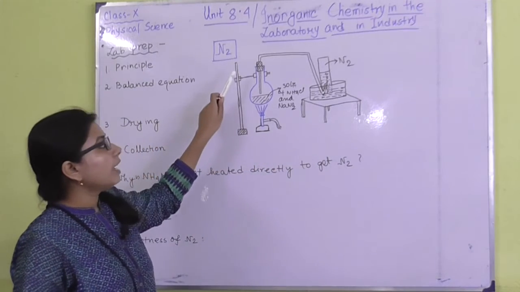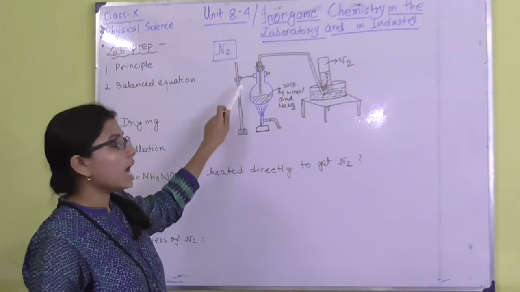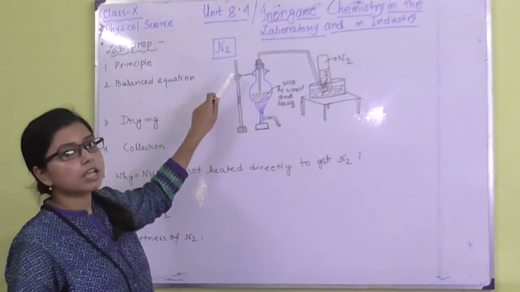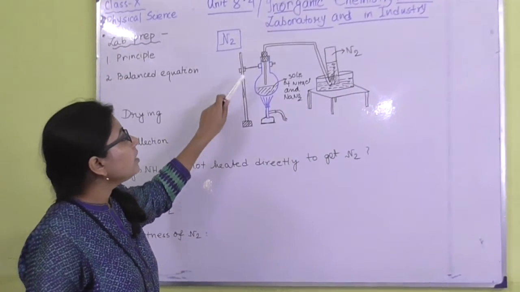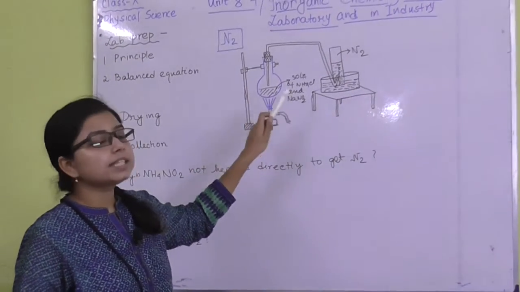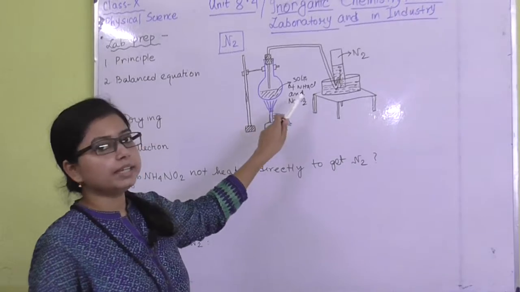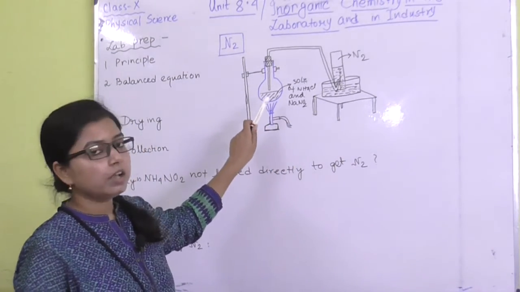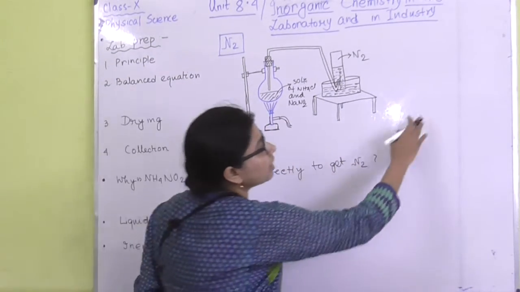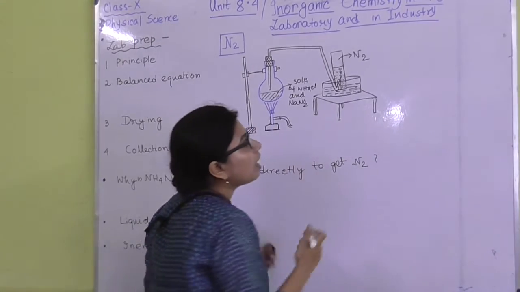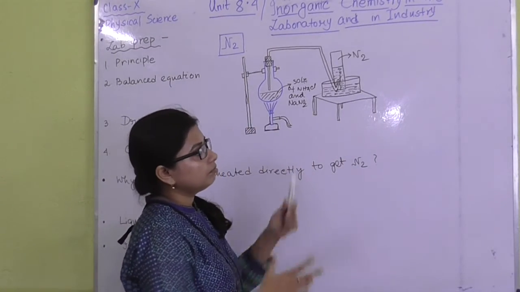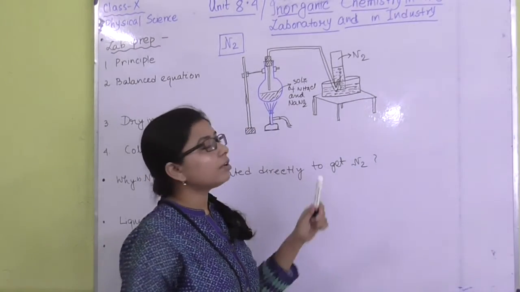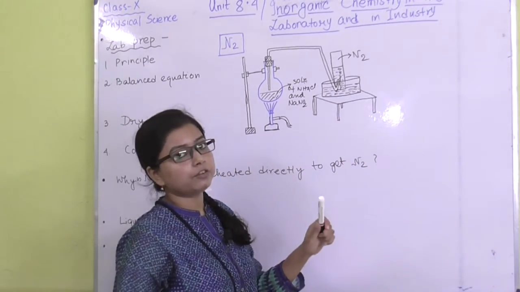Here we have taken a round bottom glass flask, and there the solution of NH4Cl and NaNO2, that is ammonium chloride and sodium nitrite, is present. I want to mention here that we use three types of functional group having nitrogen.